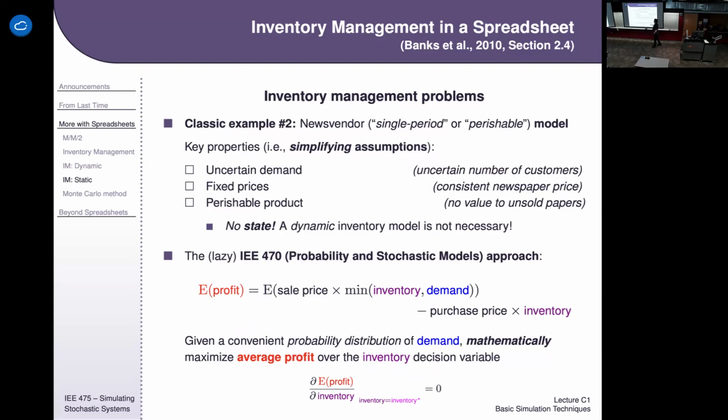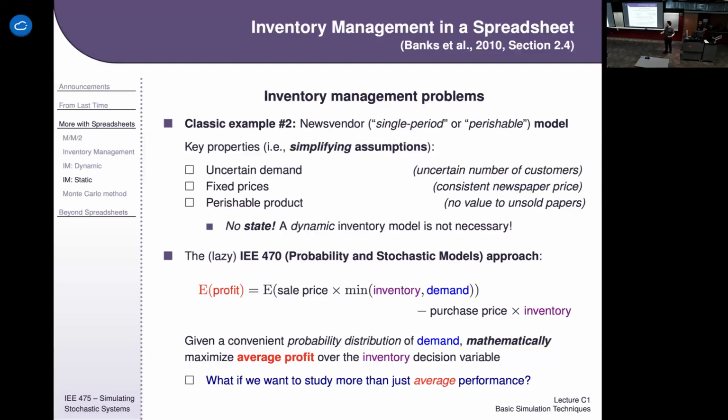And you're done. That will give you the inventory decision that, for this demand distribution, will maximize your average profit. That's the lazy and easy way to do this. This is something you can do in half a page of paper in about 10 minutes of work.